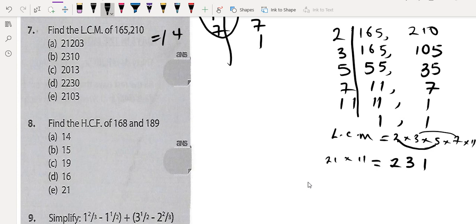You write this 2, you write this 1, then you add it: 2 plus 1, 3. That's how you multiply it by 11, right? Yes. 231. Then times this 10.